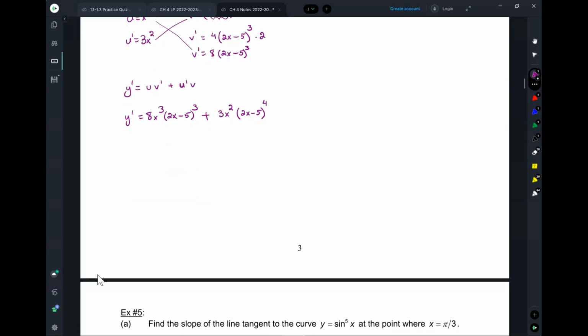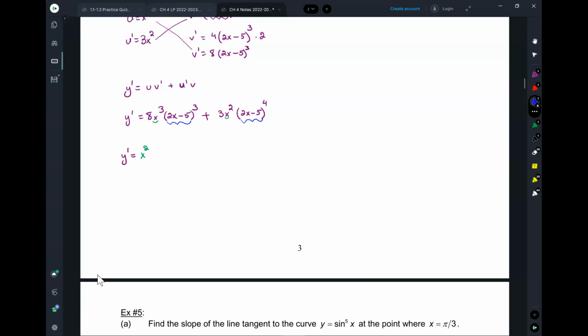Okay, but we're not done yet, because now what we're going to do is see if we can factor anything out, which we can. From here, I can factor out, between the x cubed and the x squared, an x squared. Also, look, I've got 2x minus 5 to the 3, 2x minus 5 to the 4.